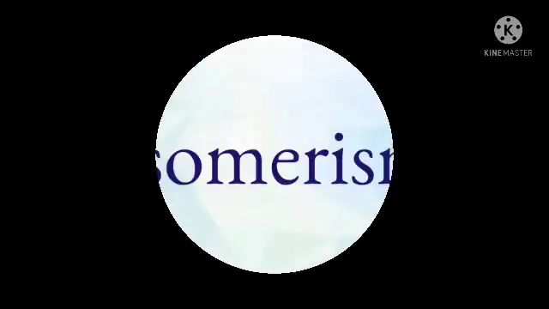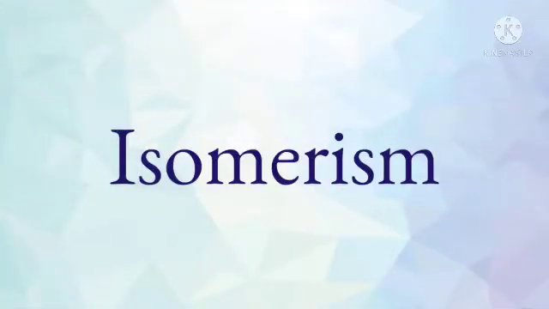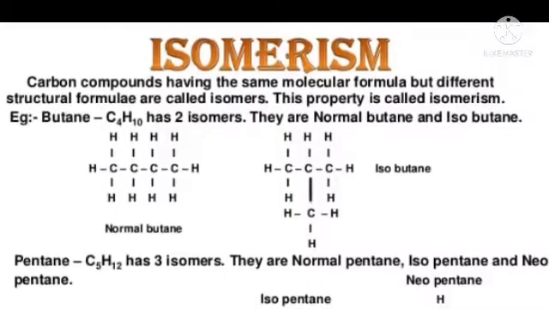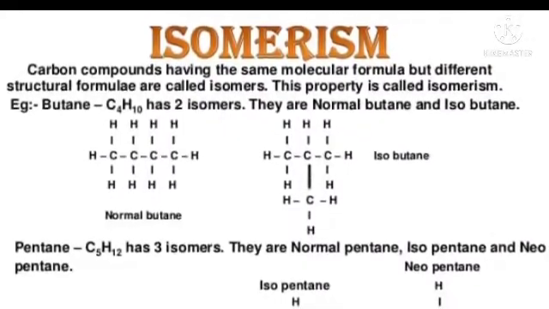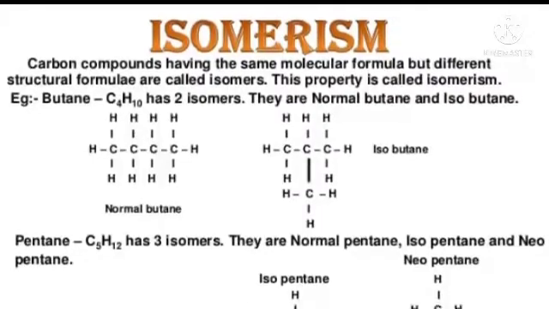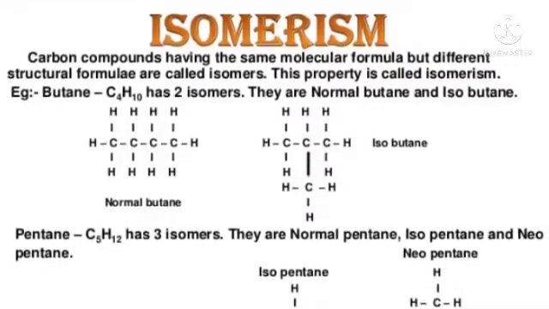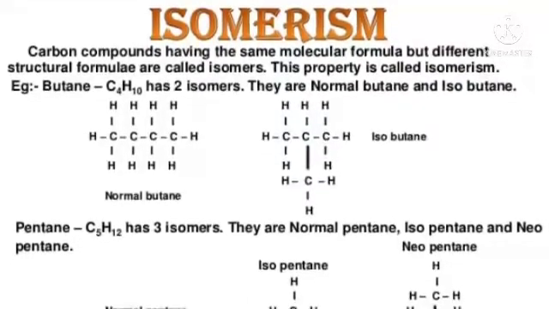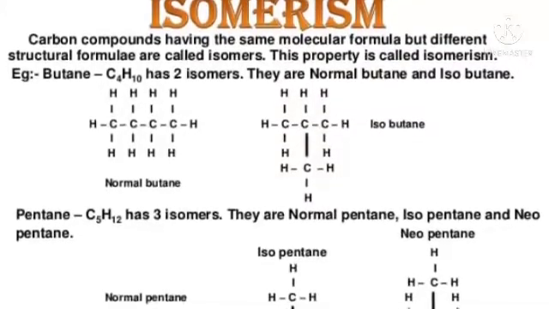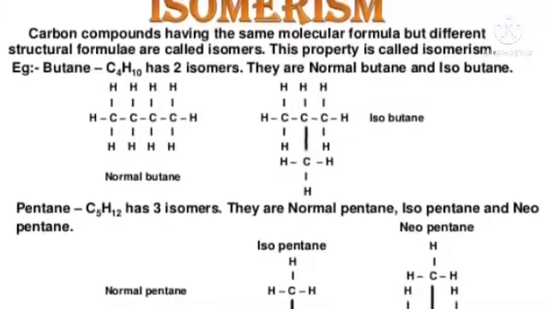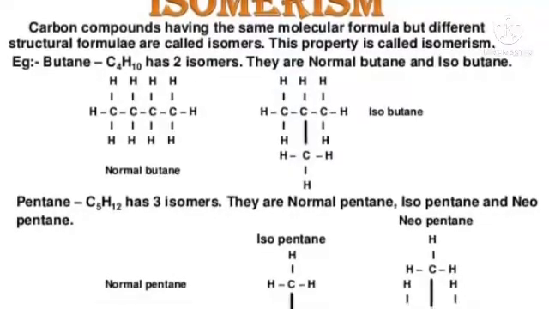Our next subtopic is isomerism. Carbon compounds having the same molecular formula but different structural formulae are called isomers. This property is called isomerism. Example, butane, which is C4H10.